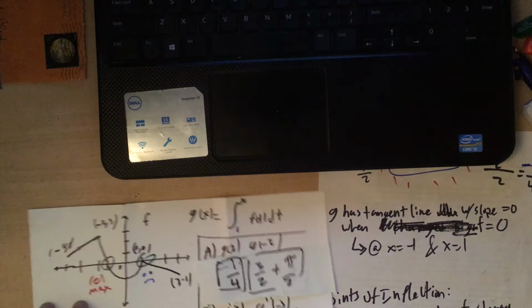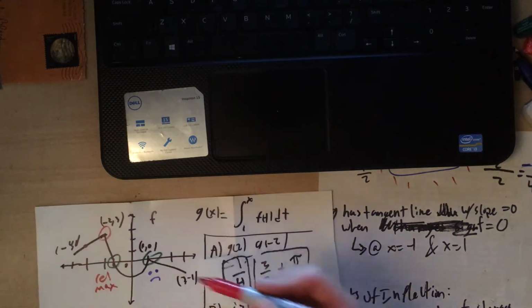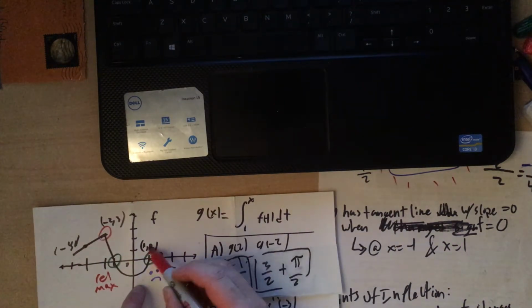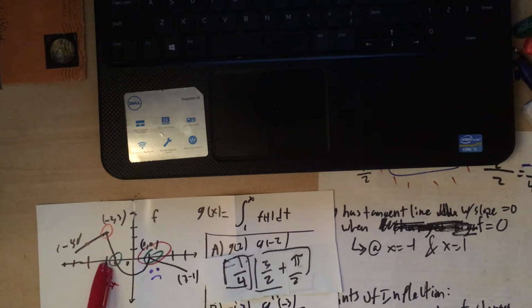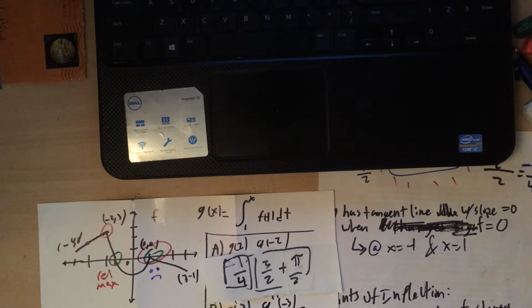We've got this point and this point. And so we can see that the graph of g has a point of inflection at x equals -2 and x equals 1.